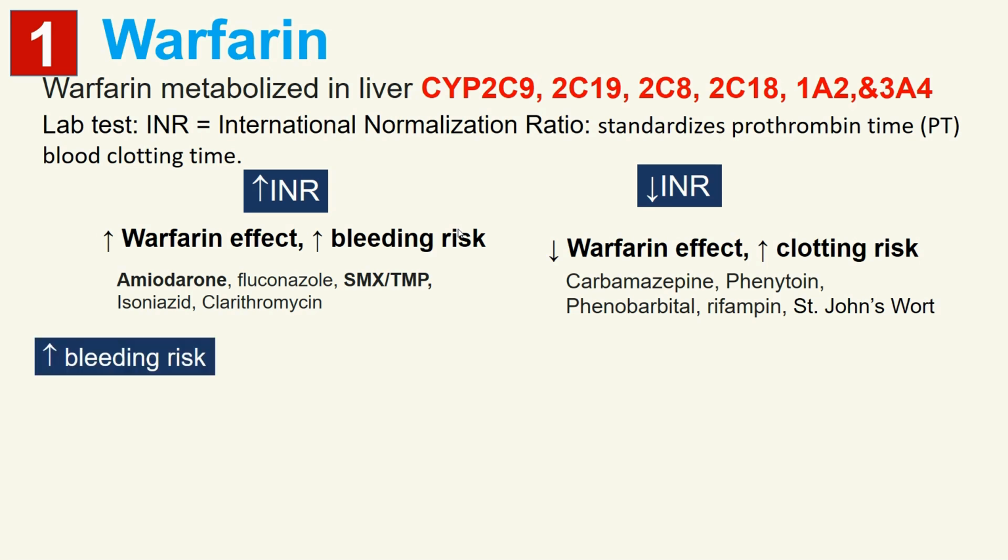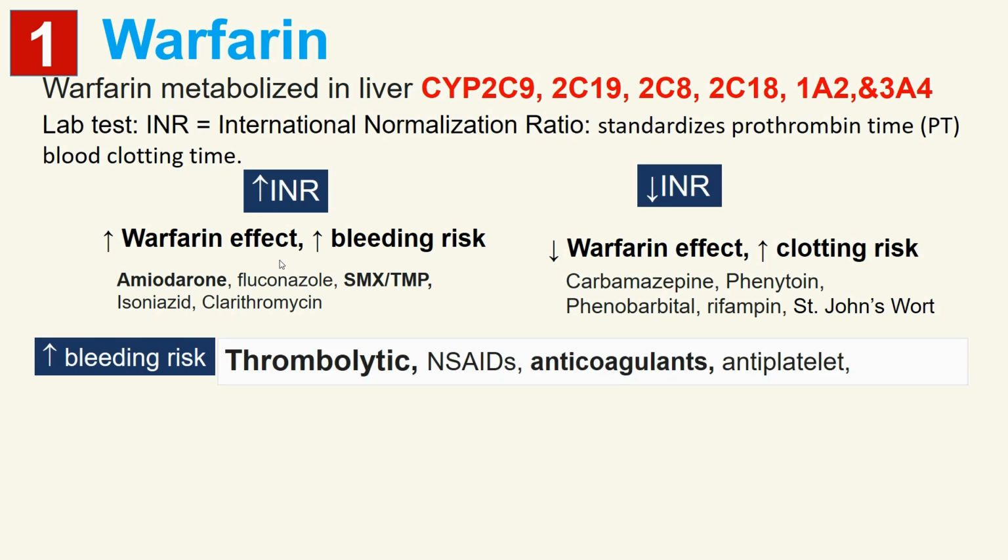Some other drugs significantly increase the risk of bleeding, especially thrombolytics like alteplase or tenecteplase. Those drugs should not be combined with warfarin at all.